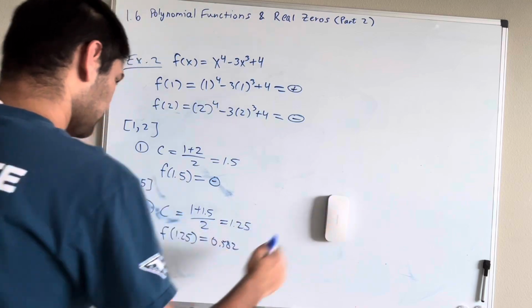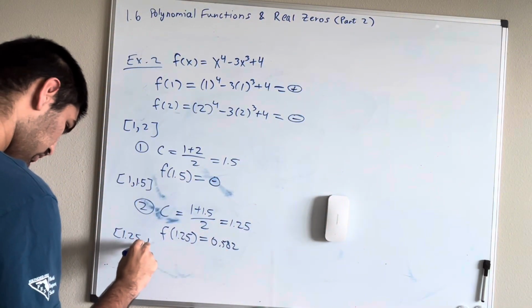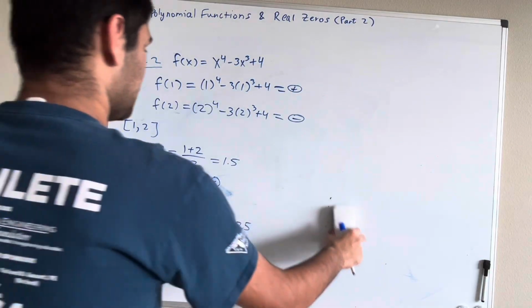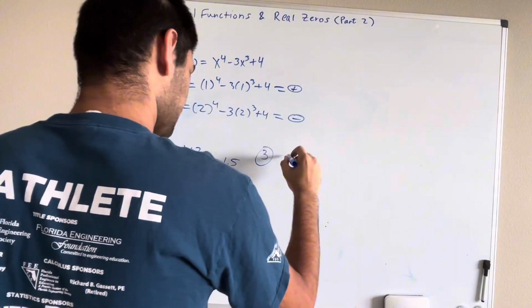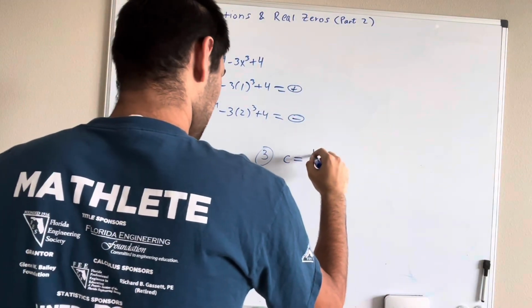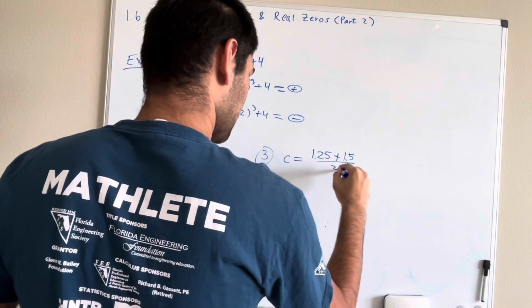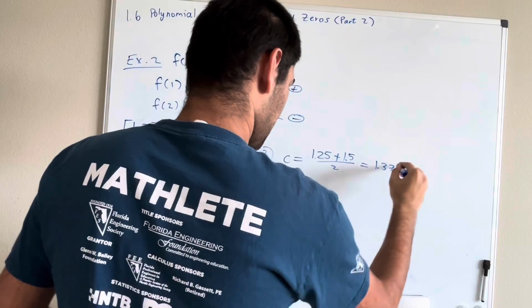So now our interval is from 1.25 till 1.5. And let's do one more iteration. So if we do the third iteration, you get c is equal to 1.25 plus 1.5 over 2, and that gives us like 1.375, I believe.